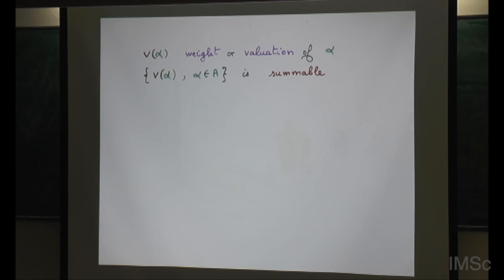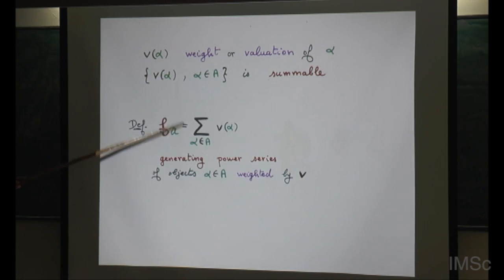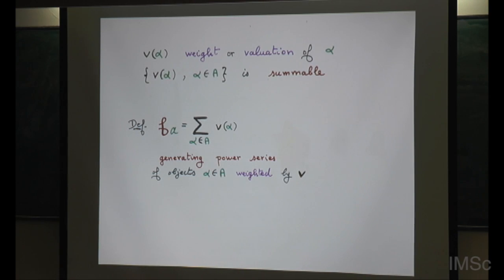And with this condition, this family of power series is summable, and I can define the generating function of such objects. So the generating power series for a certain family of objects, A round, is F_A round.